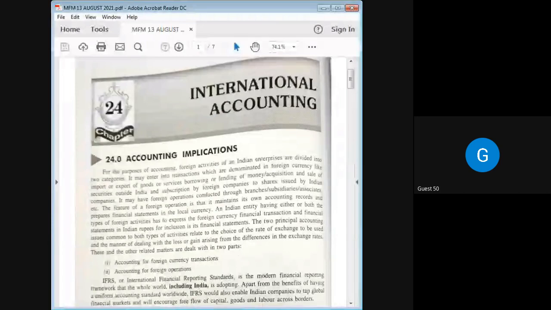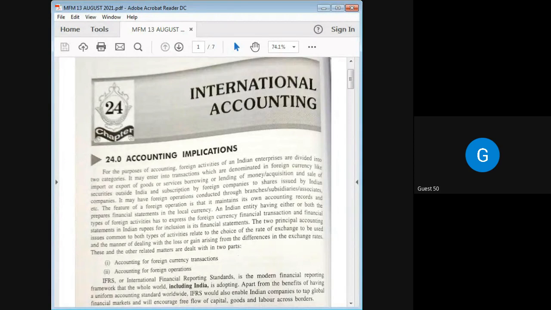Okay. So same when we record the transactions that are related to the international level, okay, international trade or international investments, we require to record these international transactions as well in a book of account. So for that purpose, we need to know the rules and regulations that are especially made for the recording of international transactions.